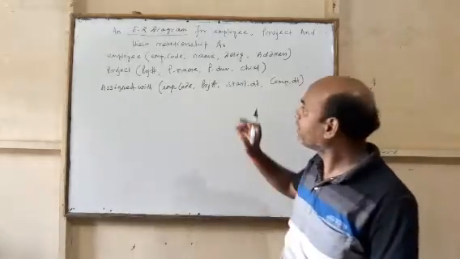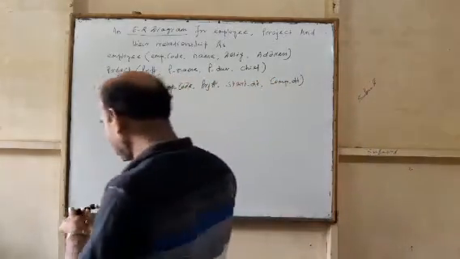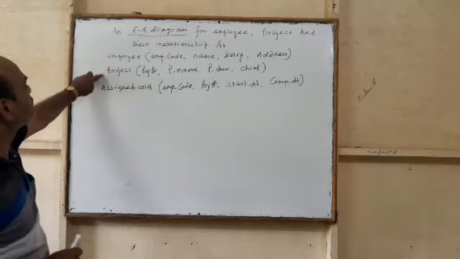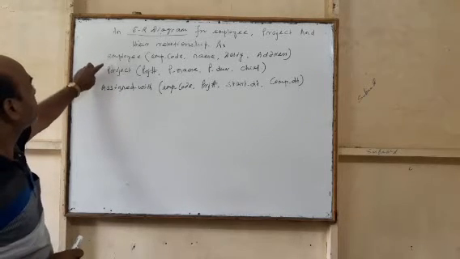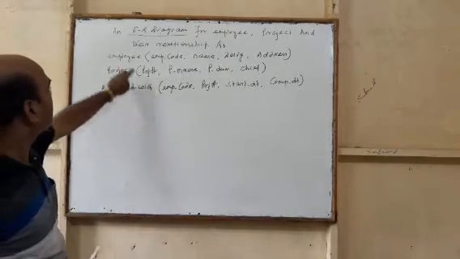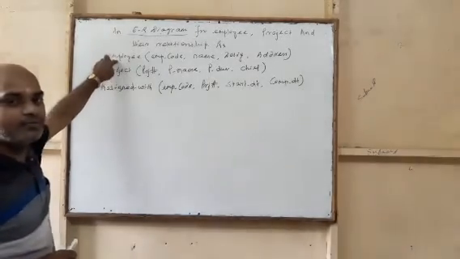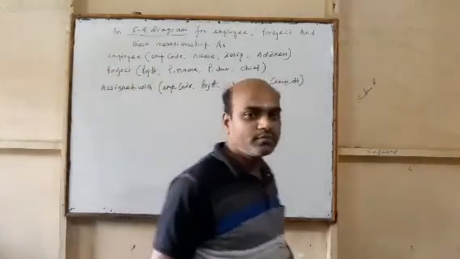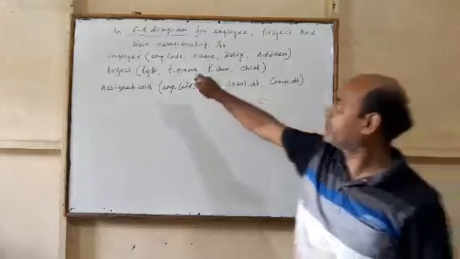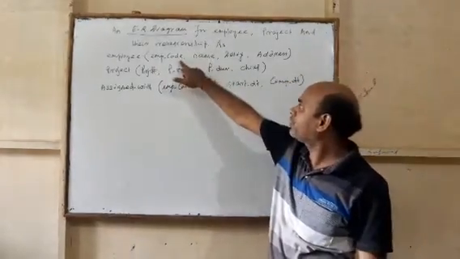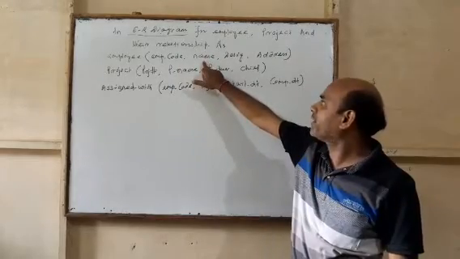So here, one entity is the employee. Another entity is the project, and the relationship. The employee entity, for this example, is described by employee code, employee name, designation and address.